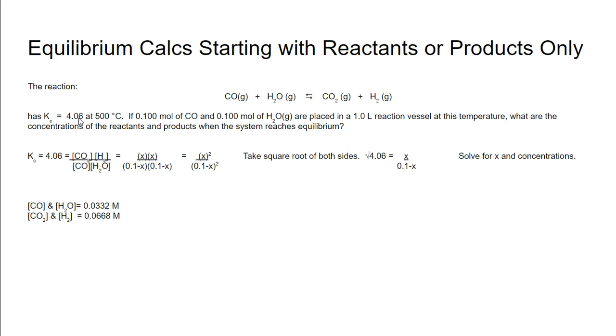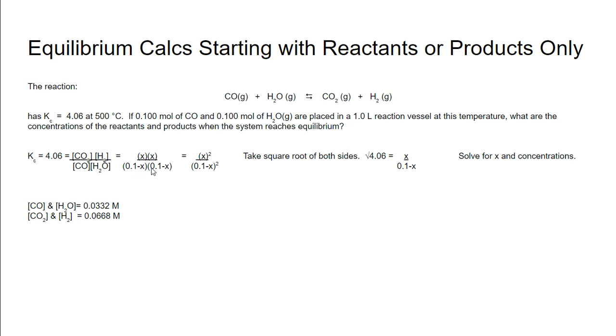The Kc is 4.06. The equilibrium expression is the product CO2 to its coefficient, which is 1, times H2 to its coefficient, which is 1, over the reactants, CO to its coefficient, which is 1, and H2O to its coefficient, which is 1.